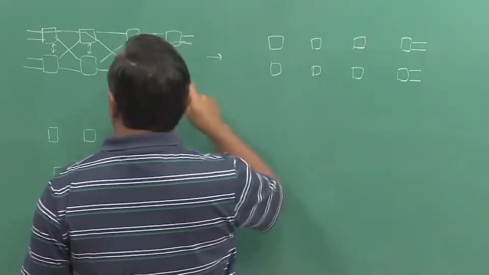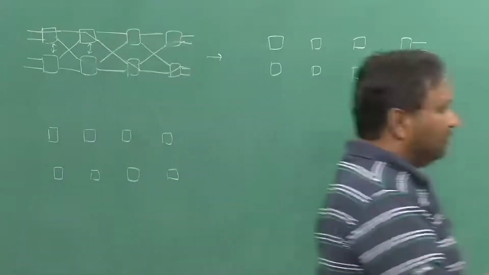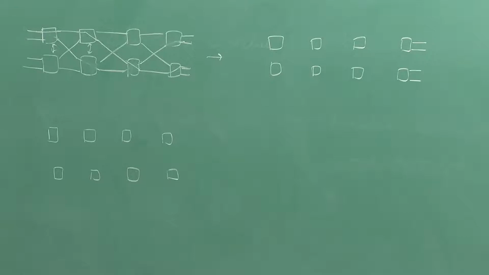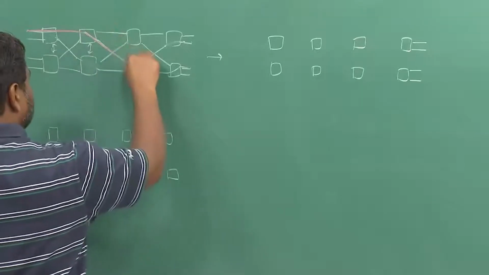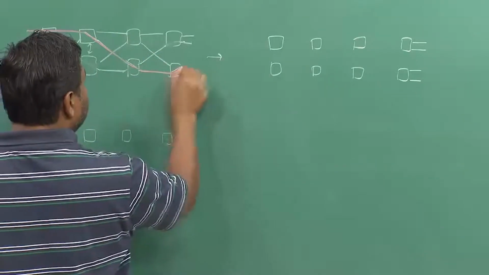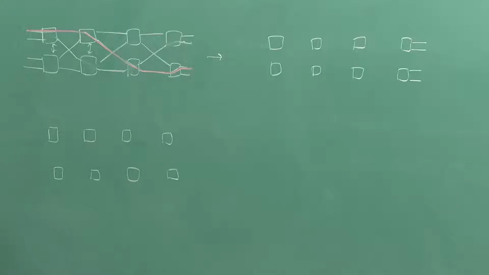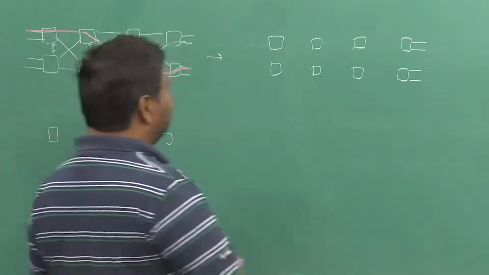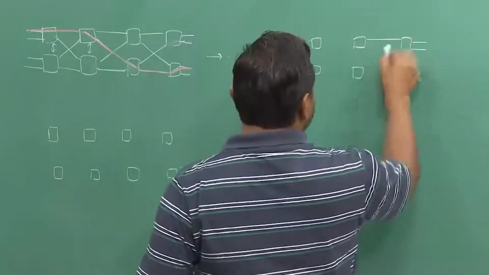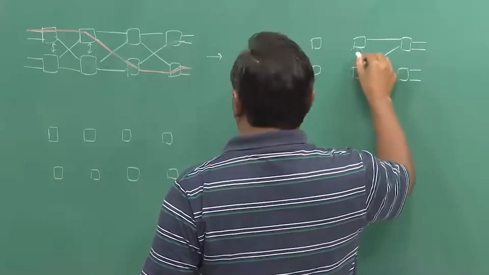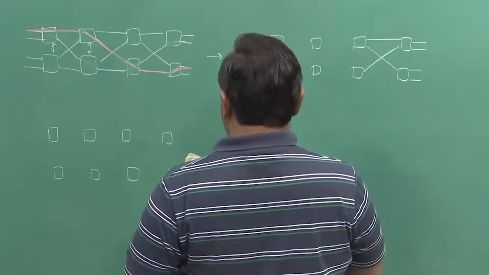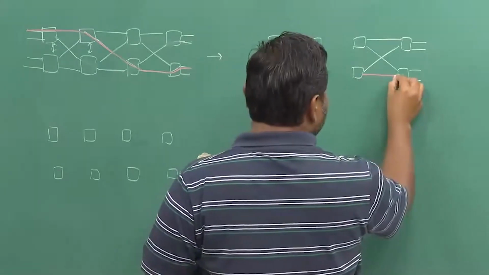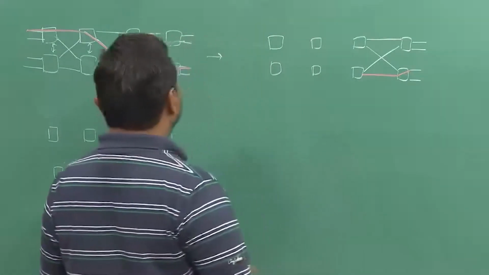Okay fine, I think I should keep the links and use a different color for the connection which has been made, so that you can trace it. So, this is the connection which I am talking about. So, I will draw the same diagram and let us see what happens. This is intact, this is intact, this is intact, this line will remain as it is, no change.